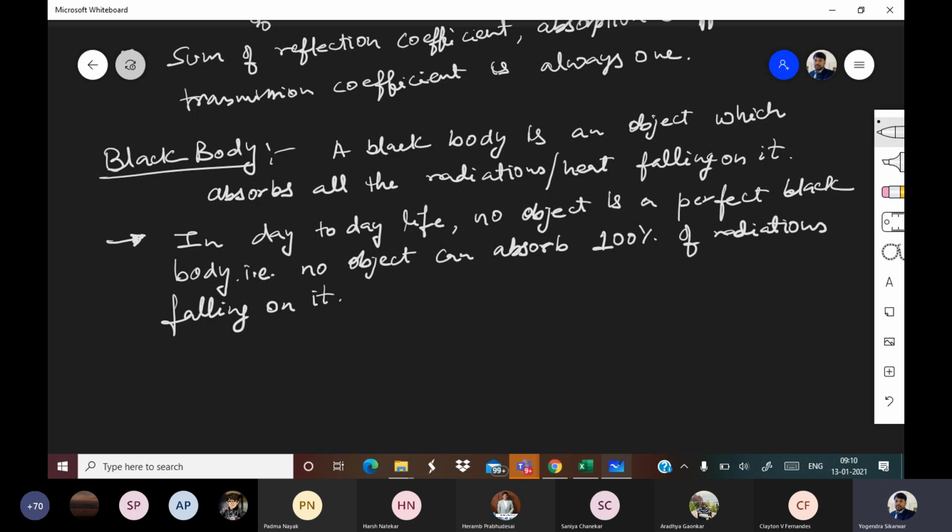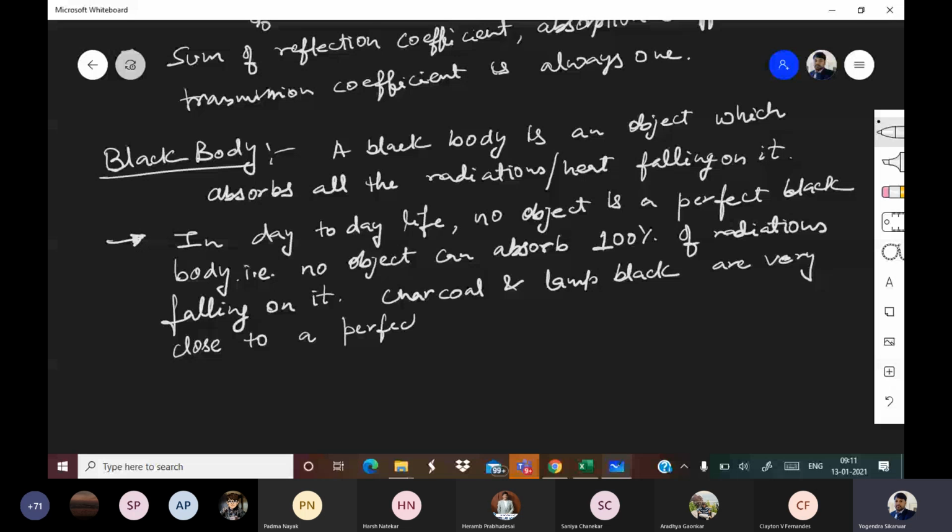So in day-to-day life, charcoal and lamp black, which is basically kajal, are very close to a black body, or you can say a perfect black body.